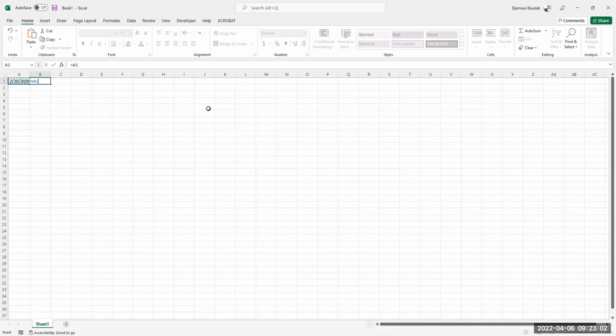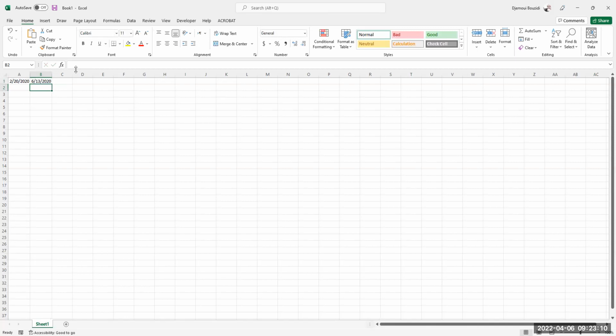You write the previous cell or the cell that you want to add stuff to, and you simply add 114, okay? So if this calculator is correct, then it's telling me the next occurrence is going to be on June 13th of the year 2020.